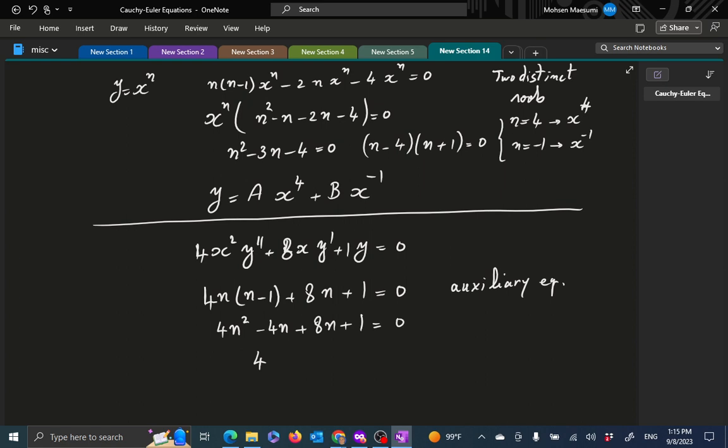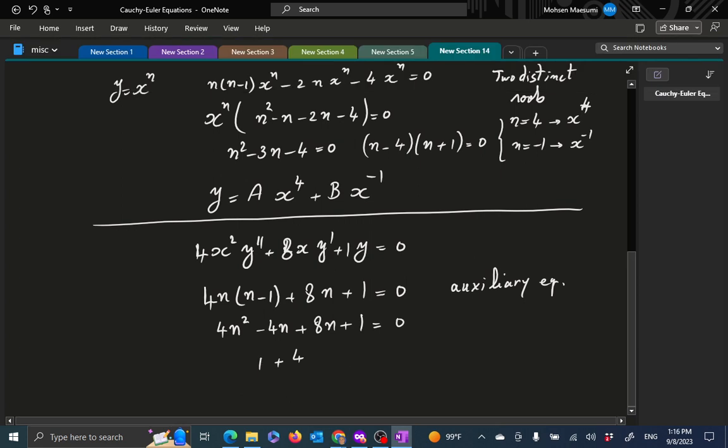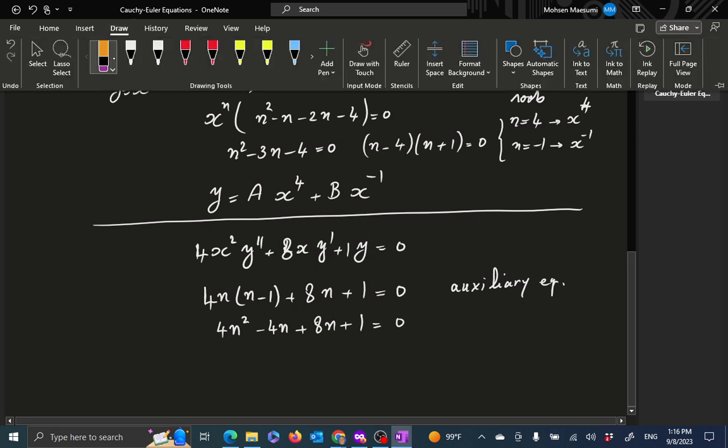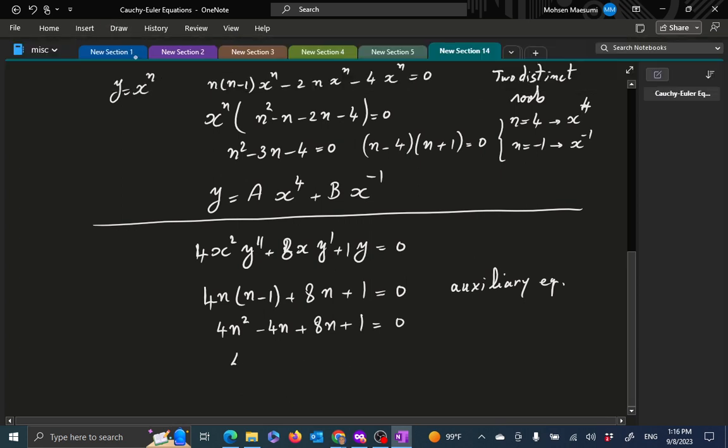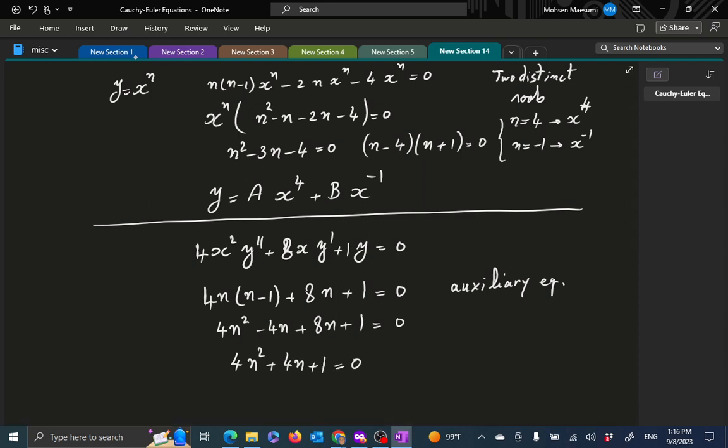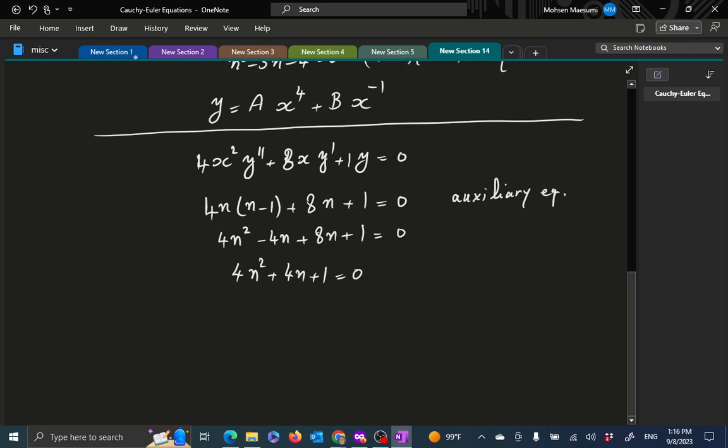So it becomes 4n squared plus 4n plus 1. You see right away that when you factor this, 2n plus 1 times 2n plus 1, both roots are going to be minus a half.